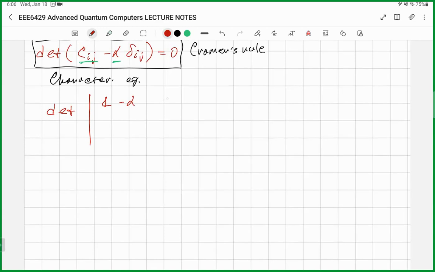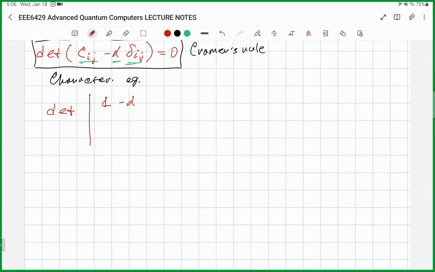Then the off-diagonal components don't change because this delta here is equal to 0 for off-diagonal elements, right?